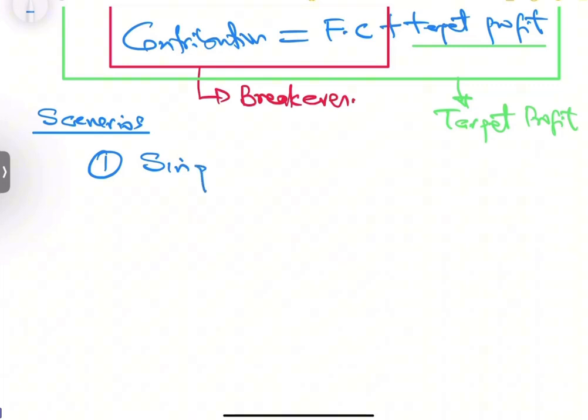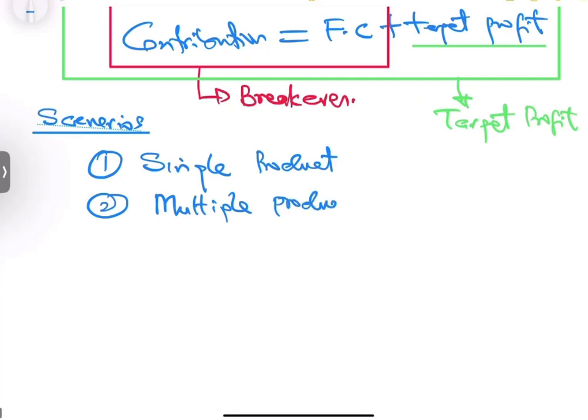So you can have organizations with single product. We need to know how to do it if it's just one product. Then you need to learn how to do it if it's multiple products. Single product is easier than multiple product for sure.